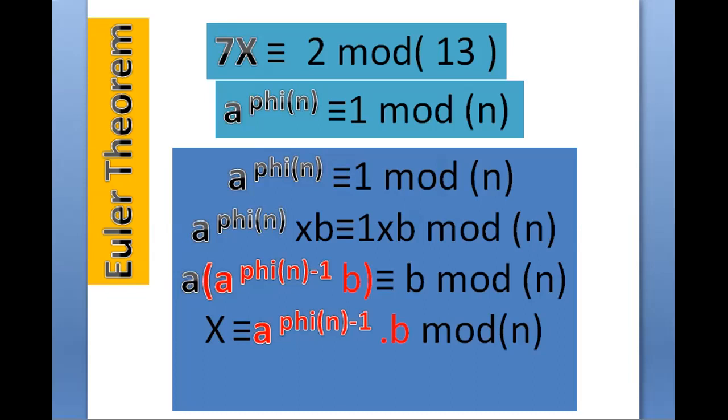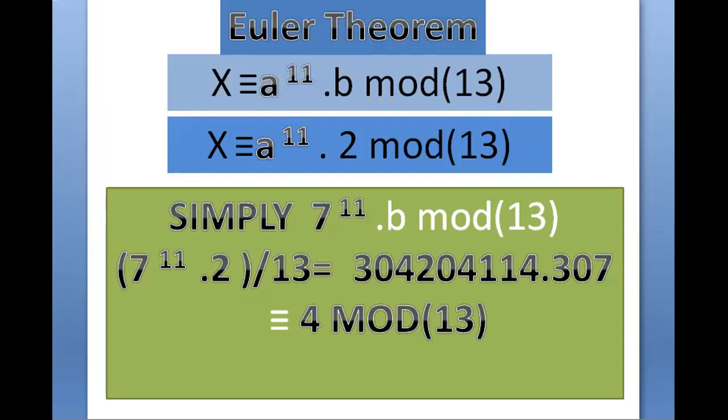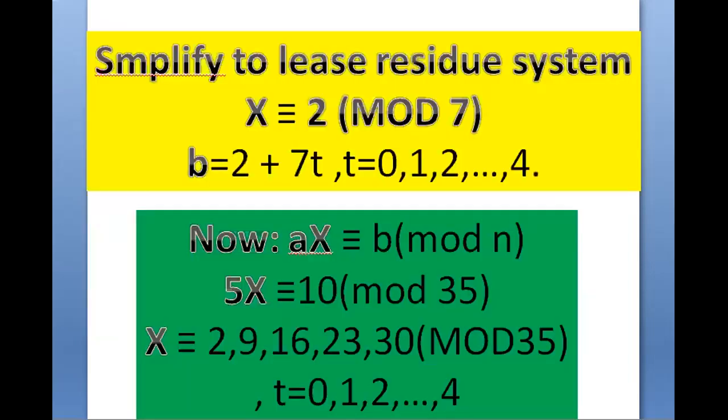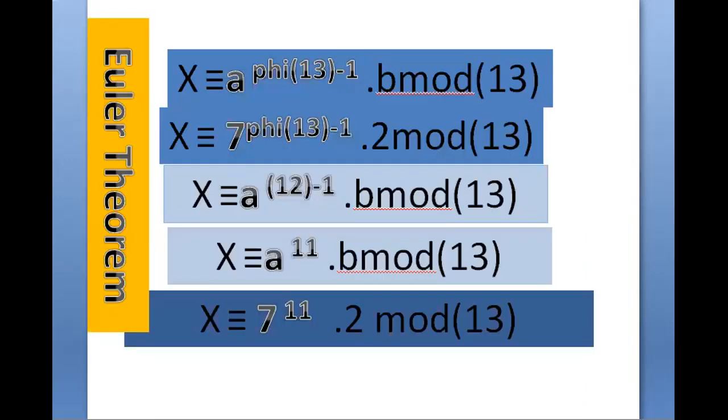We go to the next slide, Euler's theorem. We substitute or plug in the values. Now it is mod 13, where a is 7 and b is 2. Since 13 is prime, φ(13) is 13 minus 1, which is 12.